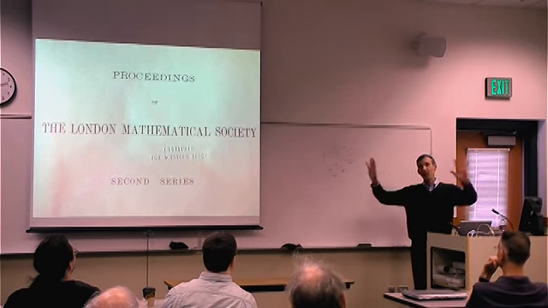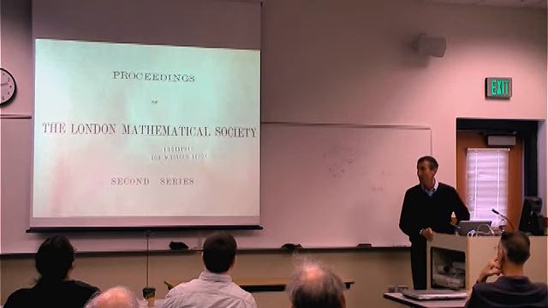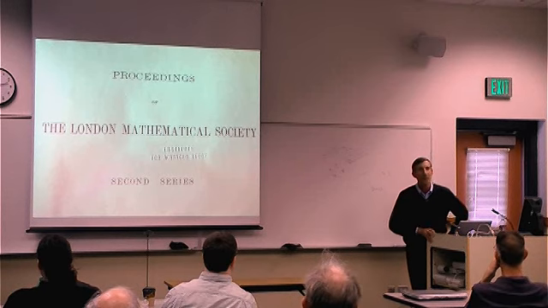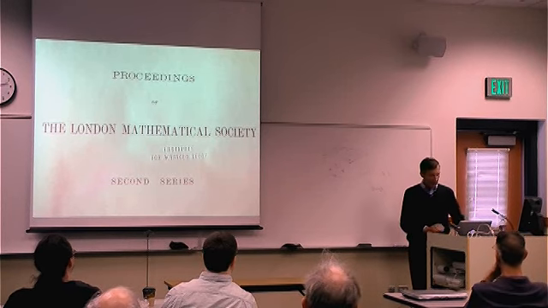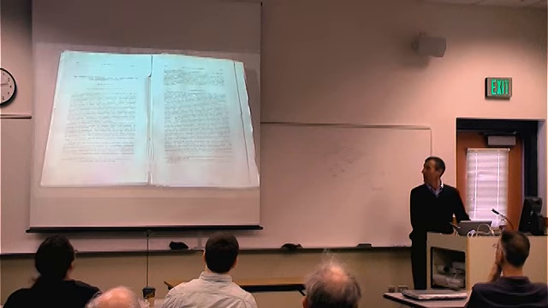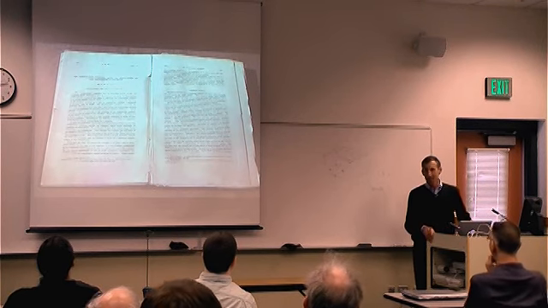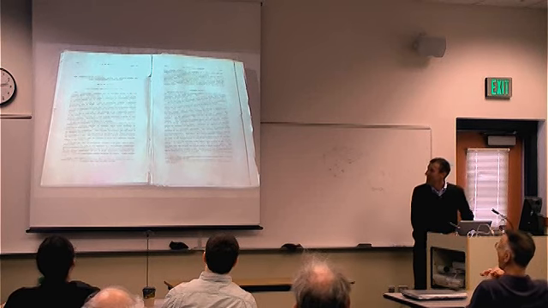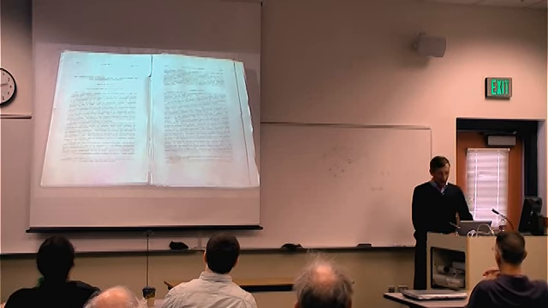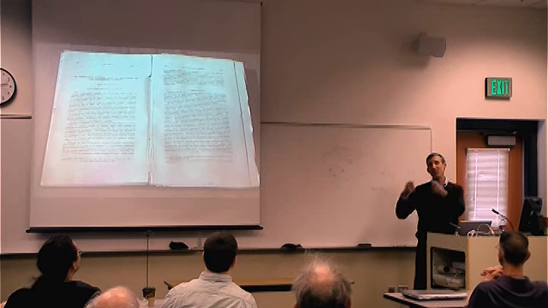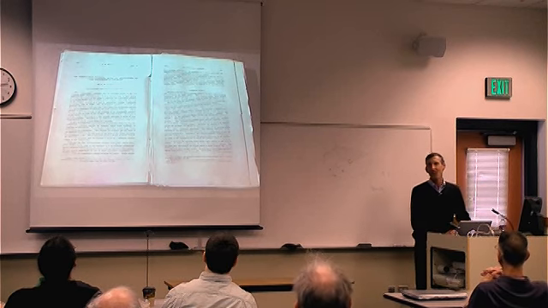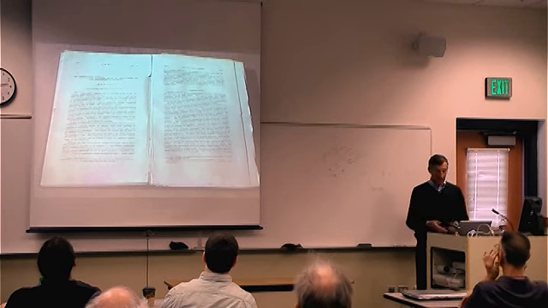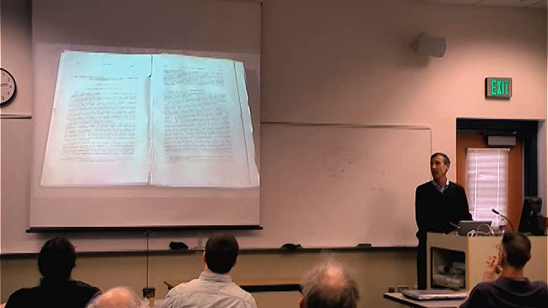There are all the volumes of the Proceedings of the London Mathematical Society, all crisply bound as if they'd been left from 1935, except the volume with Turing's paper, which is completely disintegrated from having been read by all those engineers who essentially tore it apart reading it over and over again. They didn't have photocopy machines to make a copy. That's what the last surviving engineers I spoke with told me.